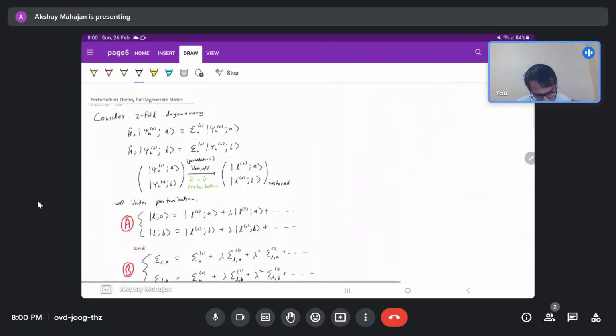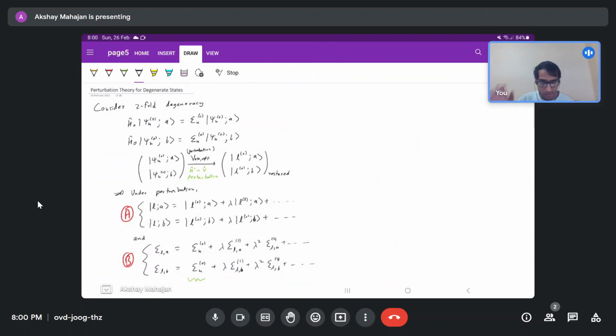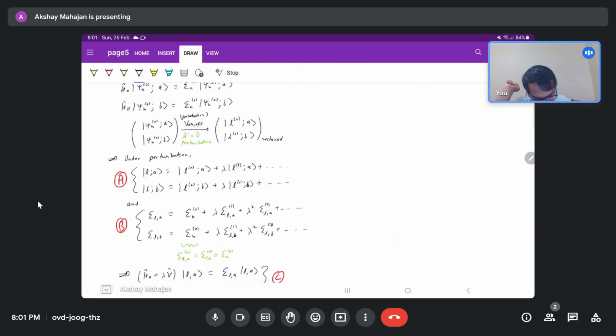Okay, so basically what we did is, till now we have considered 2-fold degeneracy, and we applied this H cap naught. We know this is our 0th order wave function and the energy eigenvalue, and we know that when we apply this V, if you provide these perturbations, then what will happen? Our 0th order correction we also have to consider. We can consider that it is stored into some linear combination of these degenerate states.